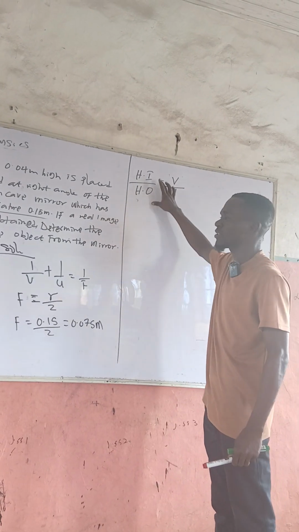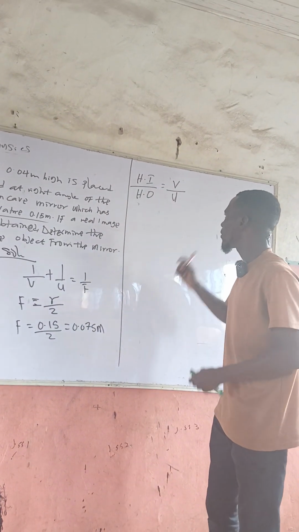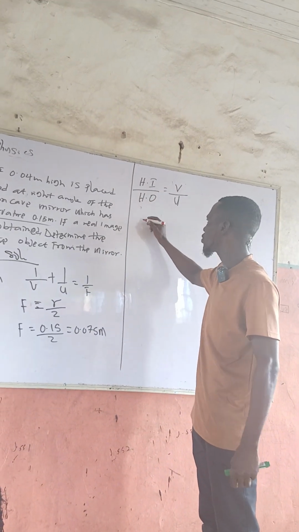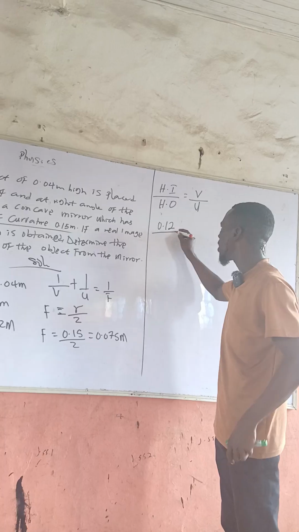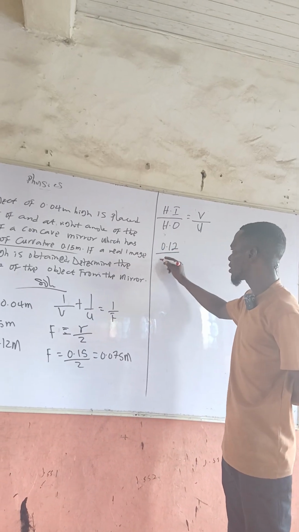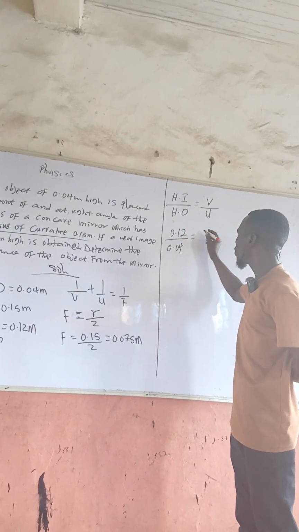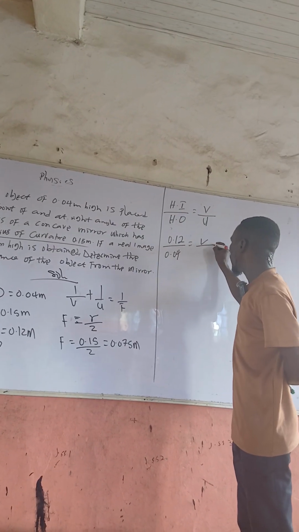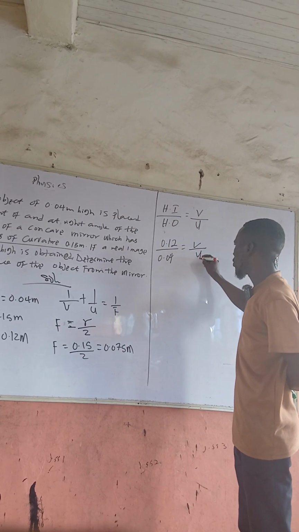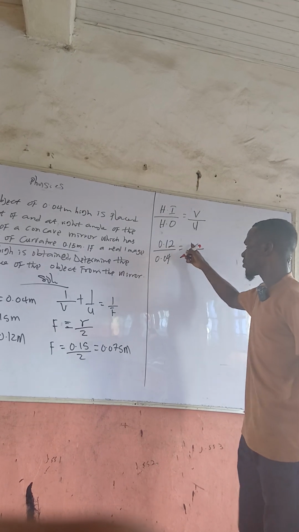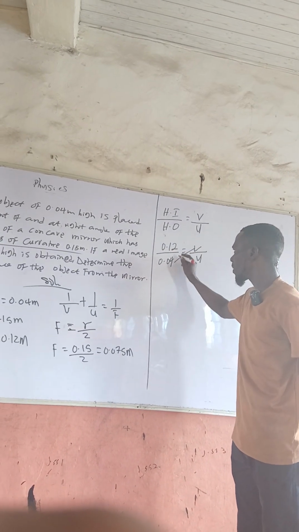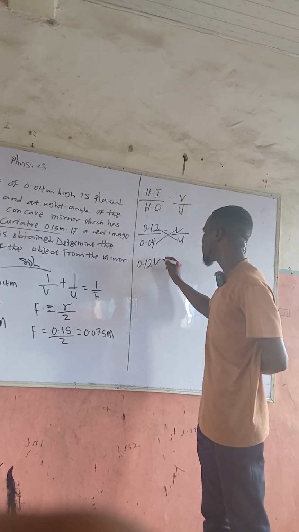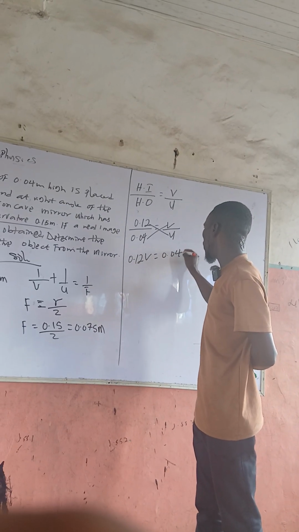This formula is for magnification. So the height of the image is 0.12 over height of the object 0.04, equals v over u, both unknown. If we cross multiply, we have 0.12 v equals 0.04u.